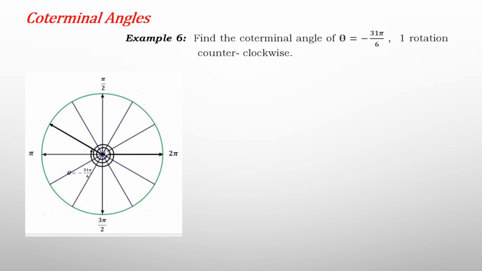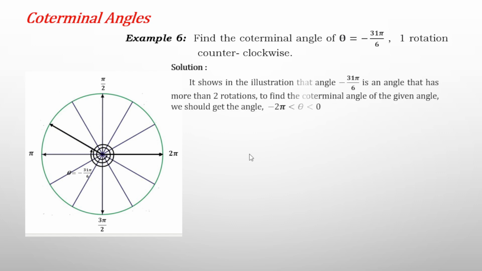This is now the graph of negative 31 pi over 6. As you can see, the graph has 2 full rotations. It shows in the illustration that angle negative 31 pi over 6 is an angle that has more than 2 rotations.